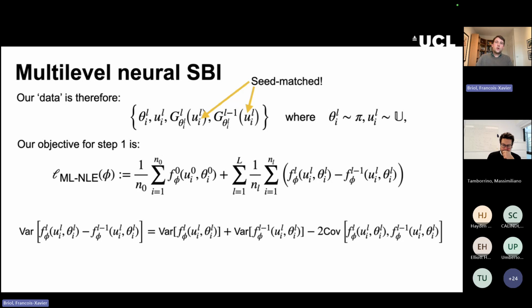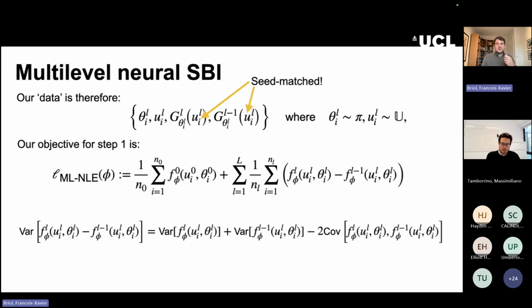Okay, so just to see why the seed matching is important, let's have a look at the variance of that very last term in the objective. That last term depends on the difference between FL and FL minus 1. The variance of that is the sum of the variances of the individual functions minus twice the covariance of them.